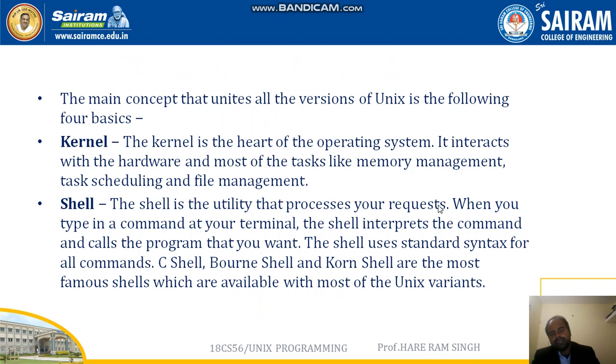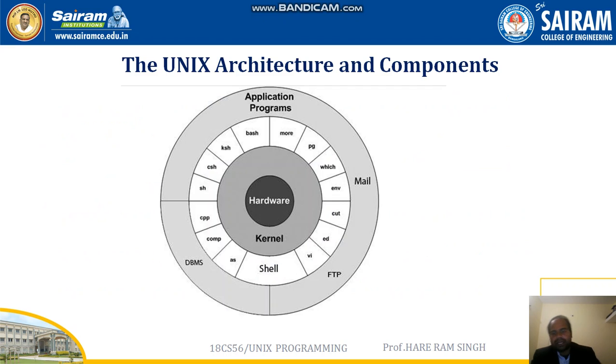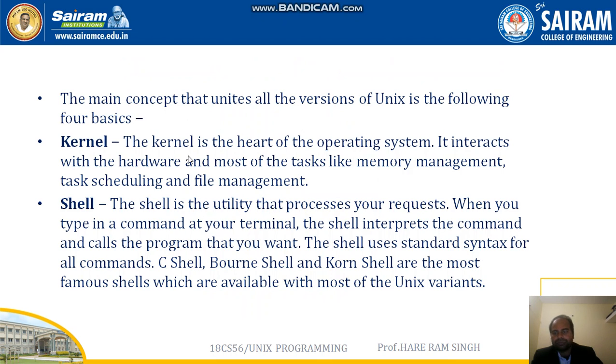Now we will go into detail. The main concept that unites all versions of Unix is the following four basics. Kernel. As you can see in the diagram, the kernel is the core part of the Unix operating system.